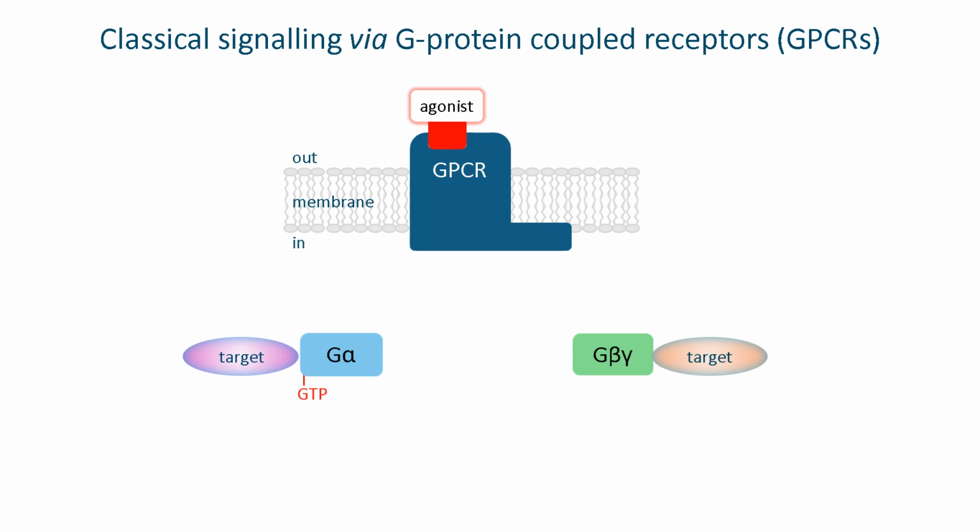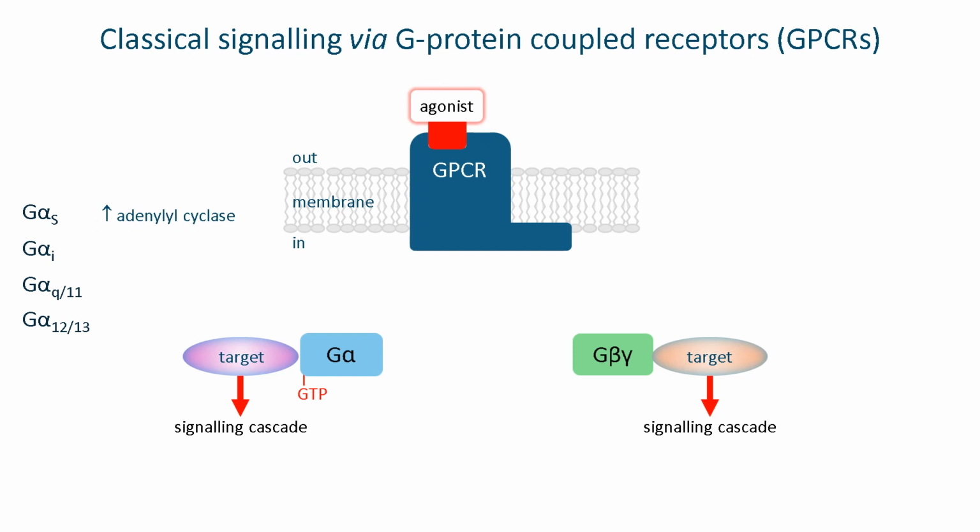These targets regulate the activity of different signaling cascades. There are several different G-alpha subunits that affect different signaling cascades. Typical ones are G-alpha S, where the S stands for stimulation of adenylyl cyclase, and G-alpha I, where the I stands for inhibition of adenylyl cyclase.